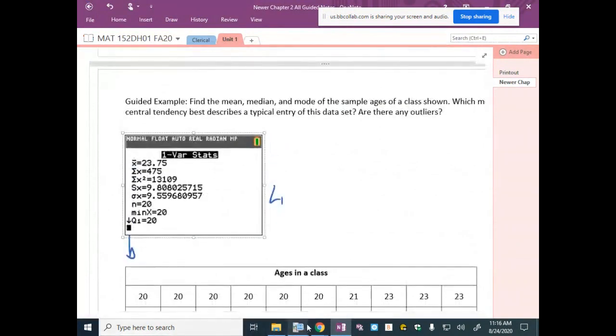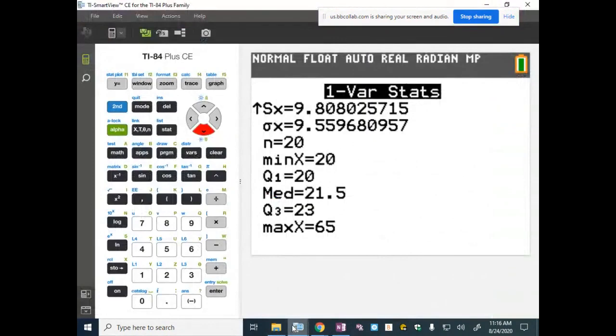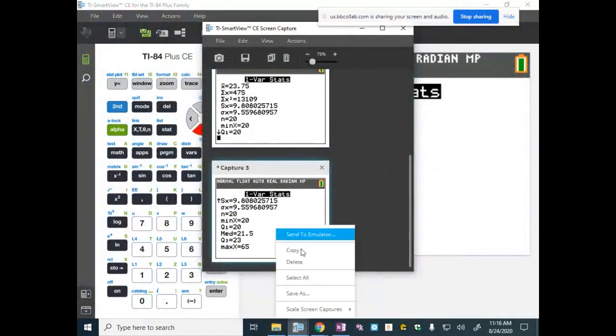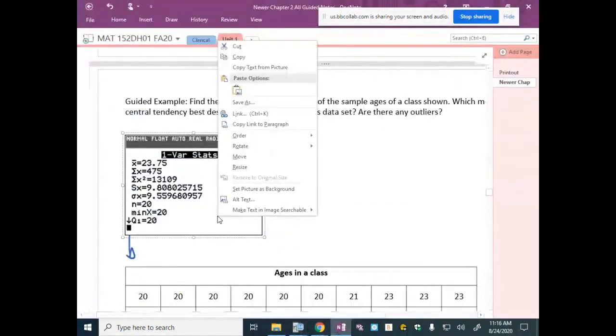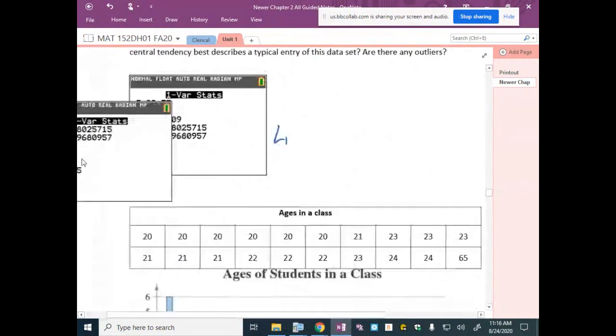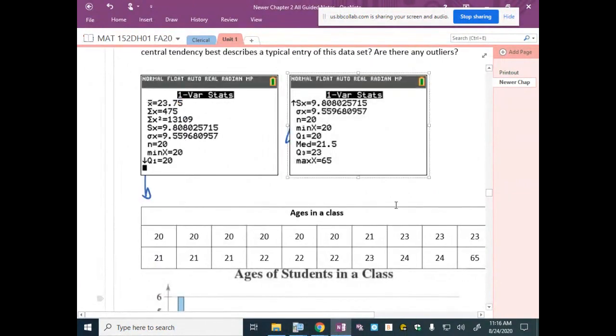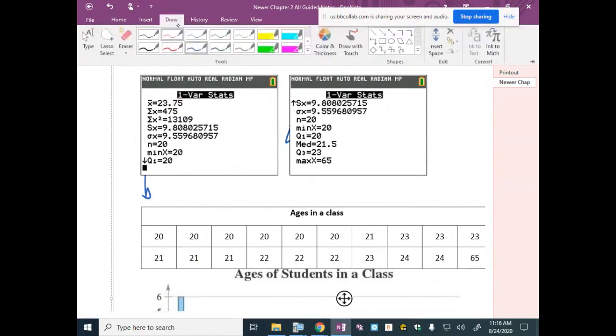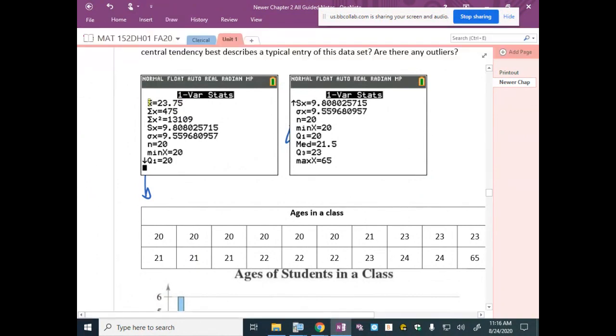So, 1-var stats, pay attention to some of the ones here.